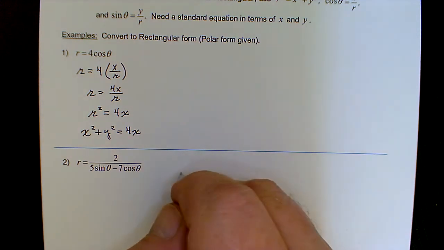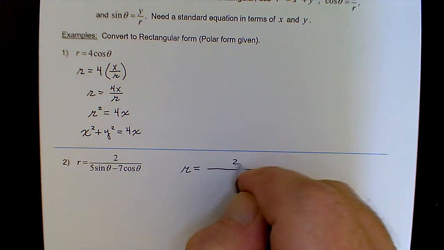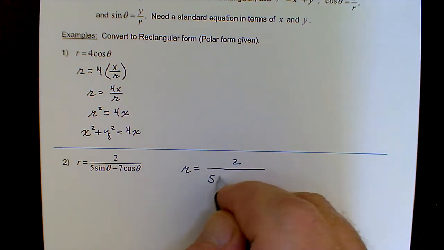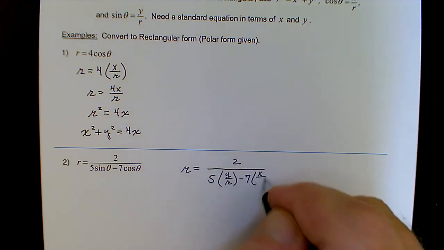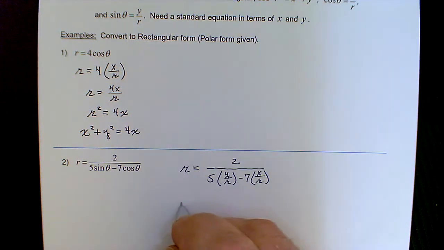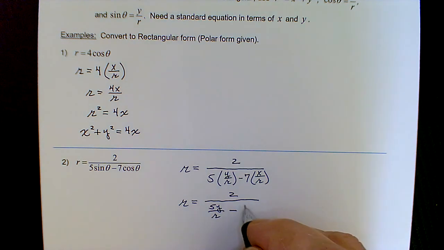Leave the r to begin with. Only thing we could do is replace the sine of theta by y over r, and the cosine of theta by x over r. If you want to take a step and rewrite this, you don't have to, but I'm going to say 2 over 5y over r minus 7x over r.